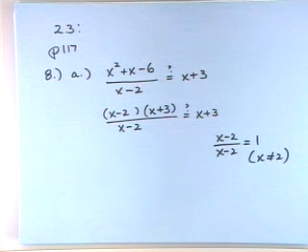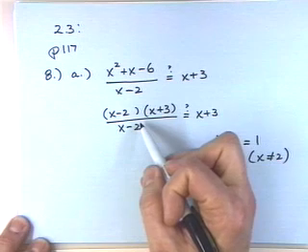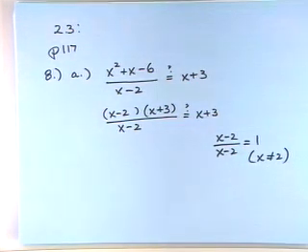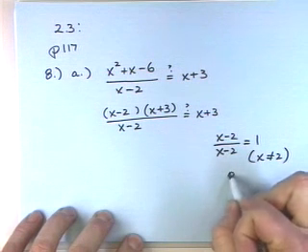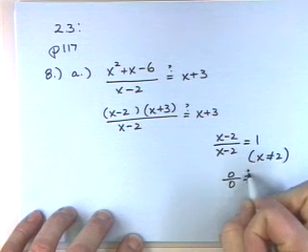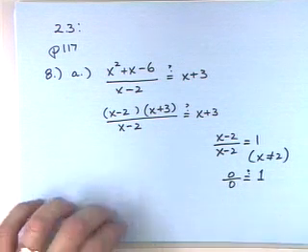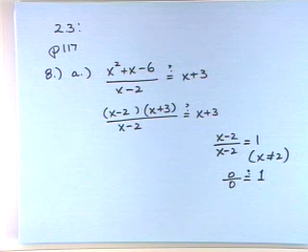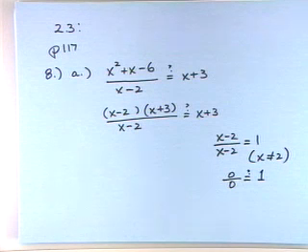But that little disclaimer is what the difference is in this problem: you cannot get rid of x minus 2 over x minus 2, because is there a possibility that x could be 2? Yes, there is. And we would be saying that 0 over 0 is 1. Is 0 over 0 1? Yes, it is. But what else is it?